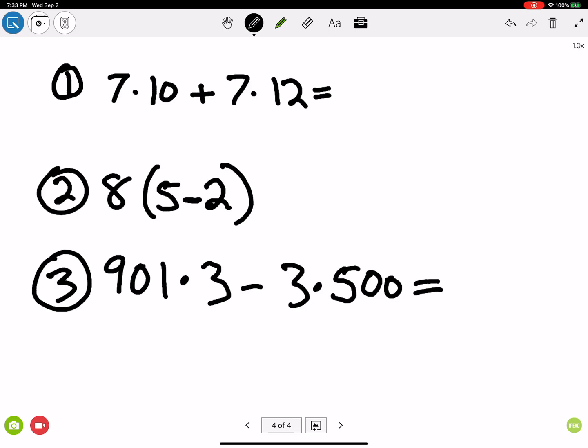So try these out, figure out how to go from expanded form to factored or factored to expanded. Pause the video and we'll go over it in just a second.